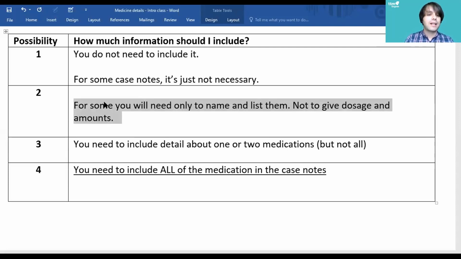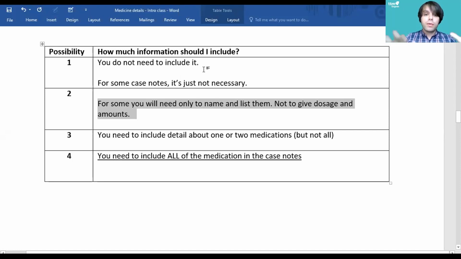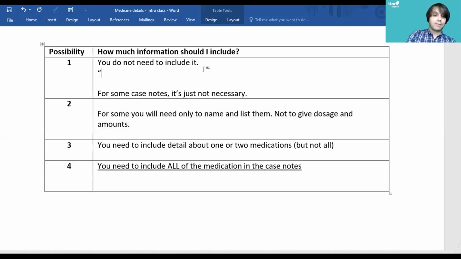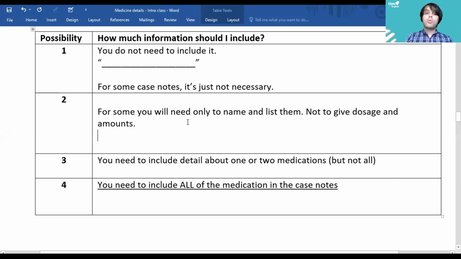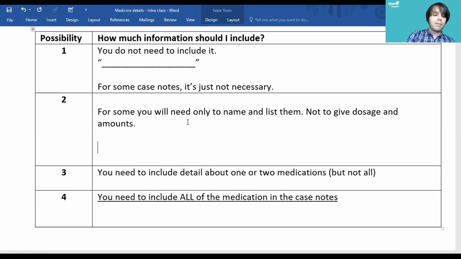This is what we're going to practice today. Number 1, you don't have to include anything. That's great, that's going to save you time. Number 2, you do need to include something, but you don't need to include the dosage and the amounts. For example, please note that Mr. Green is currently taking, can someone give me some examples now?